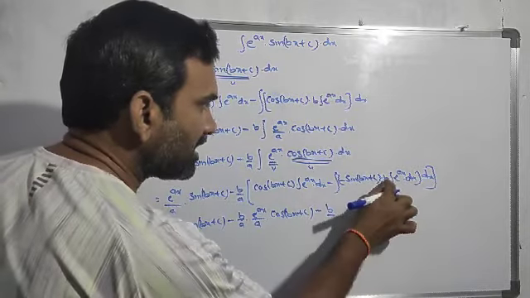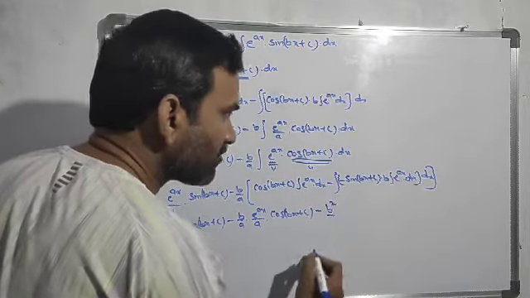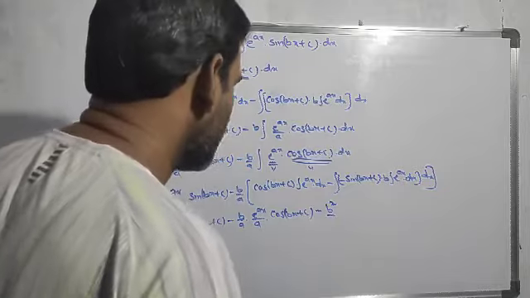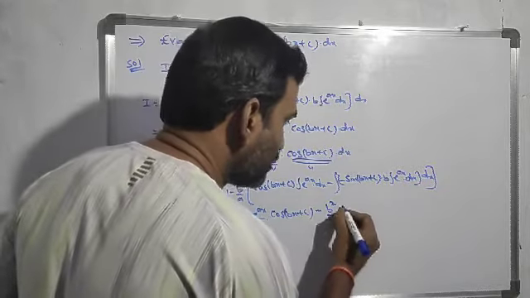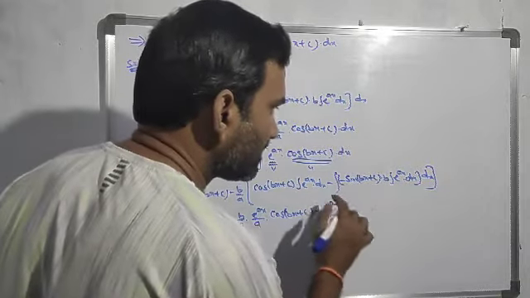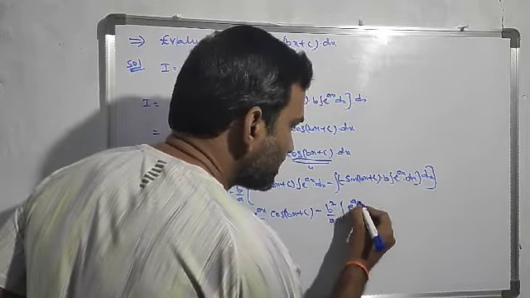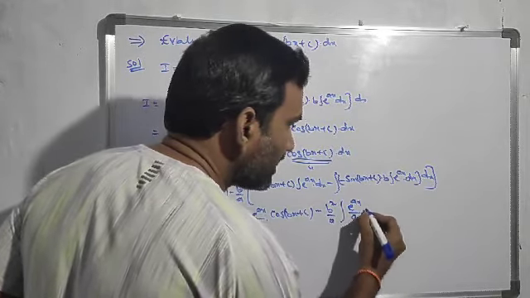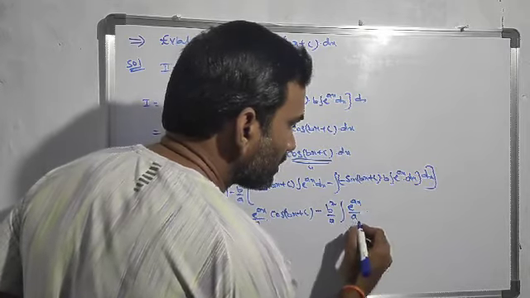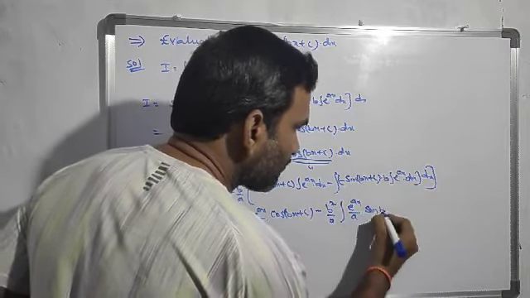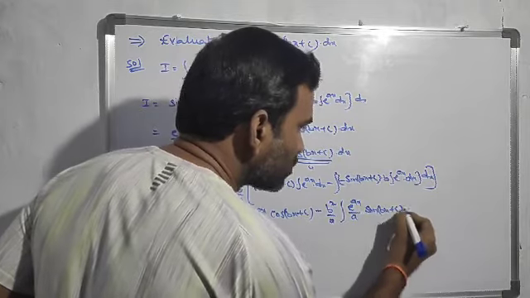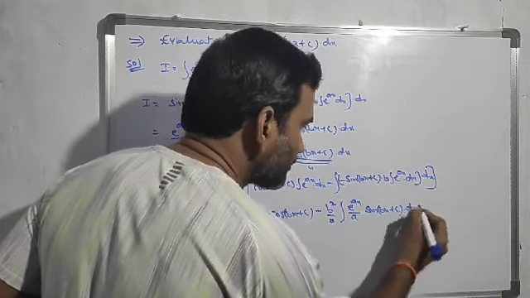Here b is there, here also the constant b is there, so b square by a into the integration of, I am taking this value outside, the integration of e power ax is e power ax by a into sine of bx plus c, this total into dx.